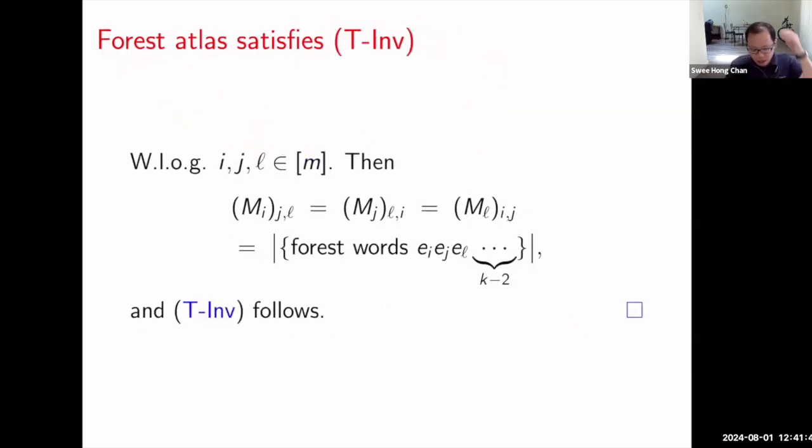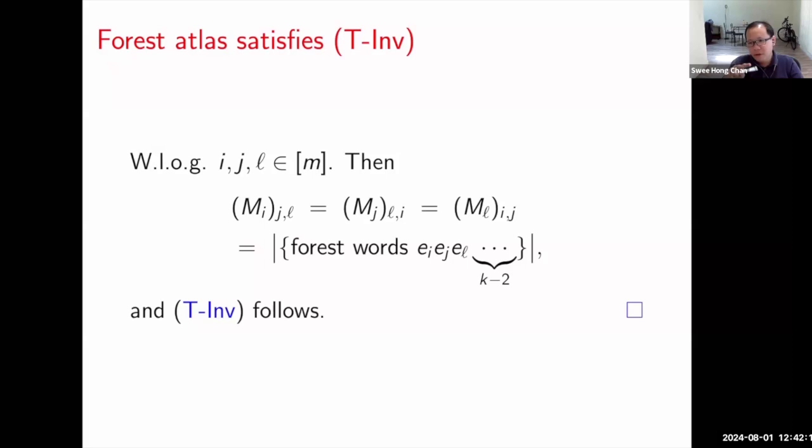And the forest matrices satisfy this because of our combinatorial interpretation, because the entries of M_ijl will be the forest words. Depending on where you put ijl, your e_i will be put in the beginning and your e_j will be put at the end. But remember that this forest word is a permutation, so no matter how you put them, the ordering does not really matter.